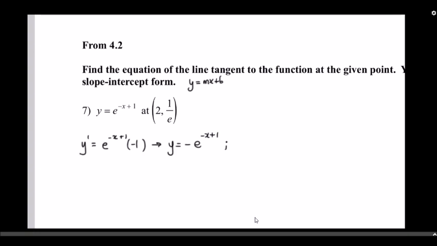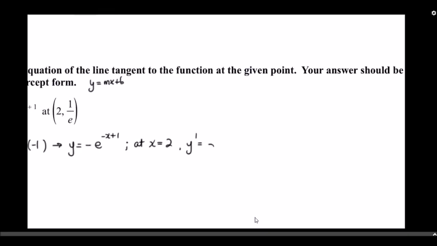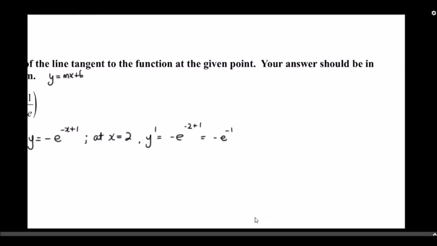So now what we need to do is use our x value of negative 2. So at x equals negative 2, y prime is equal to negative e to the negative 2 plus 1, which is negative e to the negative 1, or remember, when you have a negative exponent, then the term can drop to the denominator and have a positive exponent.